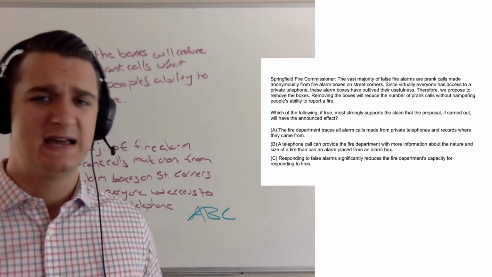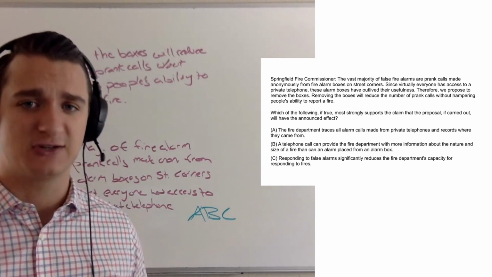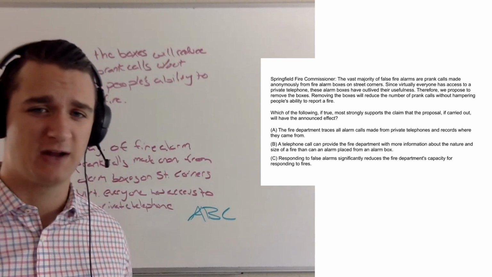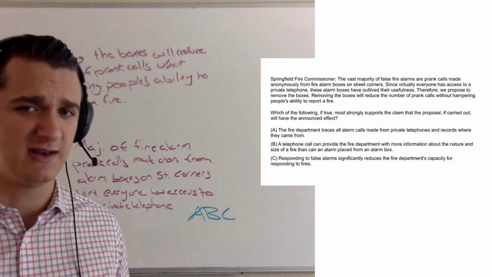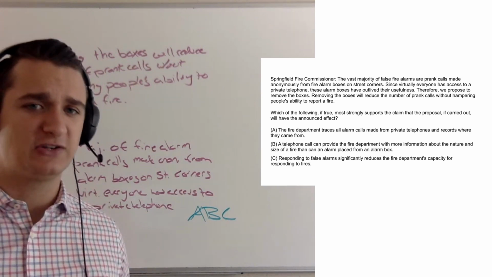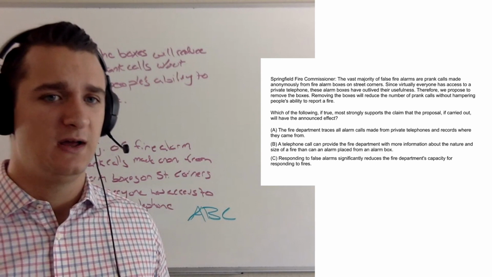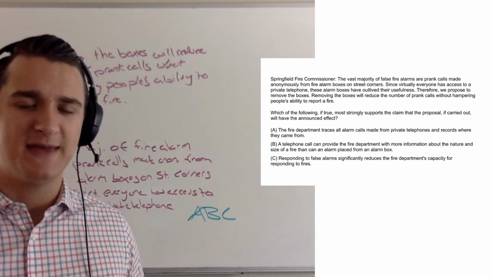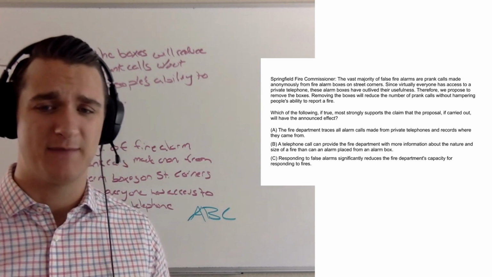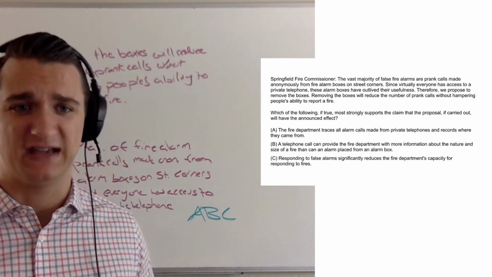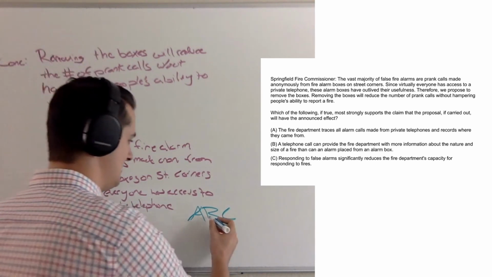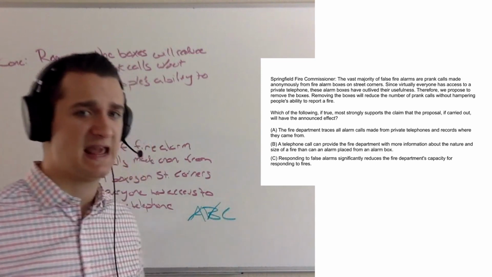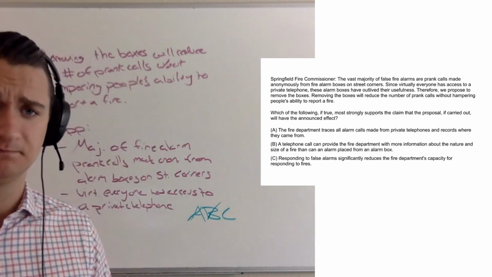But does it really suggest that it'll have the announced effect that it will reduce the number of prank calls? Well, that does nothing to suggest that it'll reduce the number of prank calls. And it also doesn't suggest that it will not hamper people's ability to report a fire. Maybe it says that the fire department will get better information, but that's not the announced effect. So I can eliminate B because that doesn't have anything to do with the announced effect.